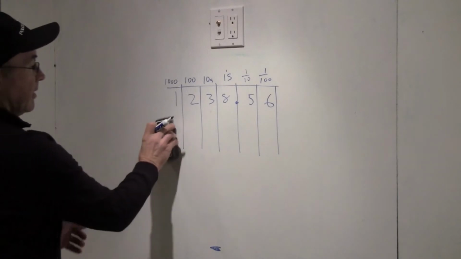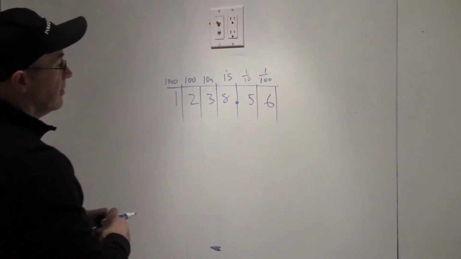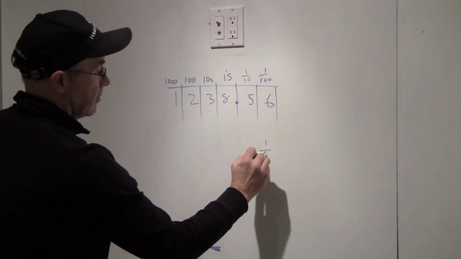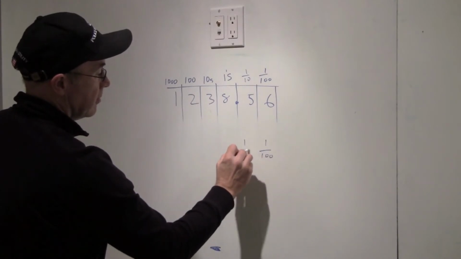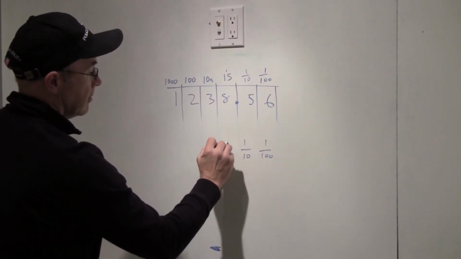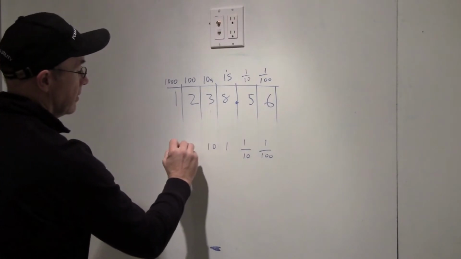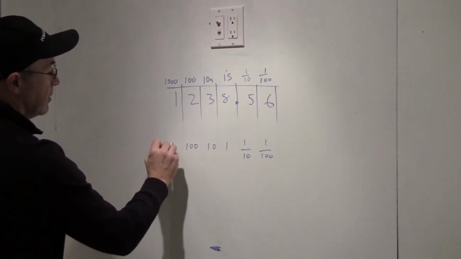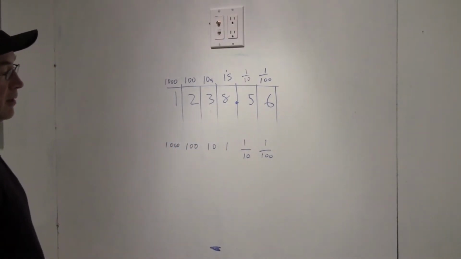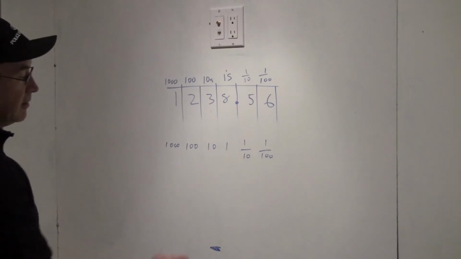So really, if you think about that, go back and look at these numbers again. 1/100th, 1/10th, 1, 10, 100, say 1,000. Those are all powers of 10.